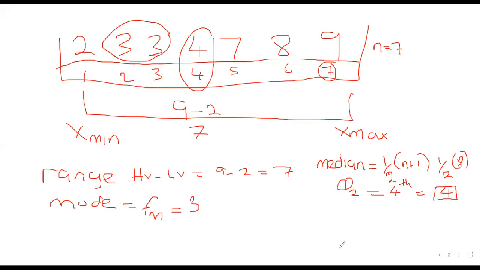Then we have what we call the lower quartile. The lower quartile is simply Q1. It is also called the first quartile. To find the lower quartile, it is a quarter of n plus 1. So our n was 7. 7 plus 1 is 8. A quarter of 8 is 2.